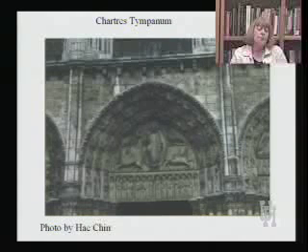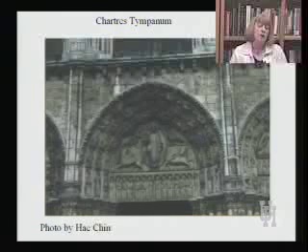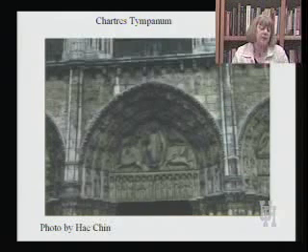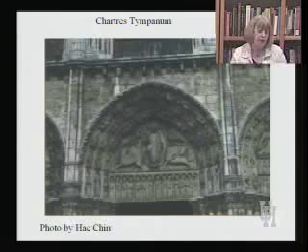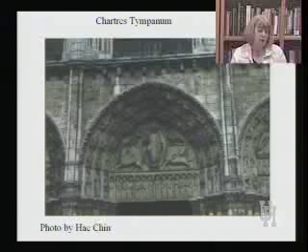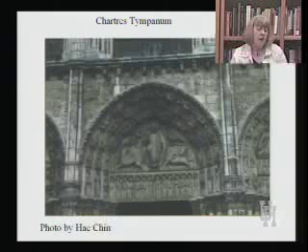The sculpture tells all of the stories of the Bible, and over the front door is the tympanum, and it's Christ. In this particular one is Christ with the symbols of the four evangelists in each corner surrounding Christ. There he is in a mandorla ruling the world.